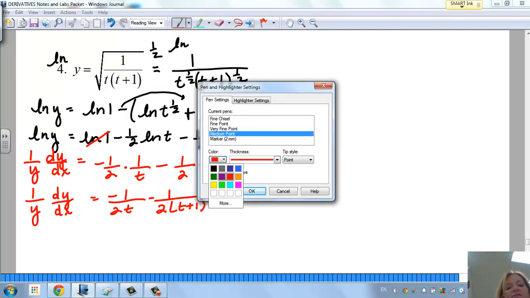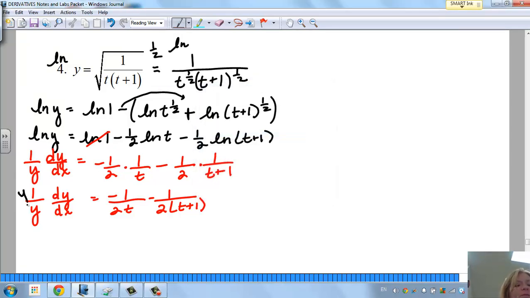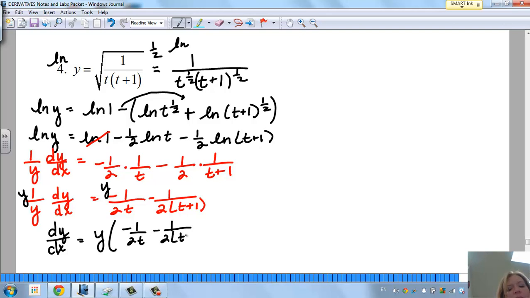Okay. Now I'm going to change this back to black. We're going to actually solve for dy dx. So I'm going to multiply both sides by y. So I have dy dx equals y times this. And then we go back up here and replace this y with our original equation. Don't use anything you did, we'll replace it there.